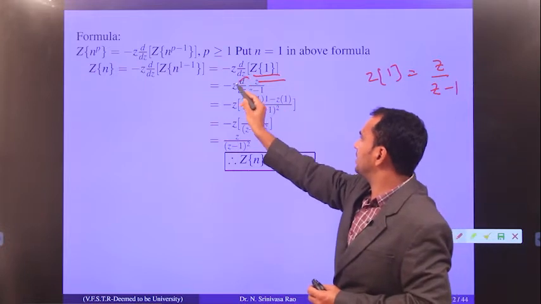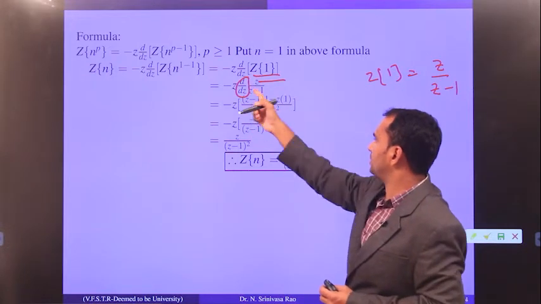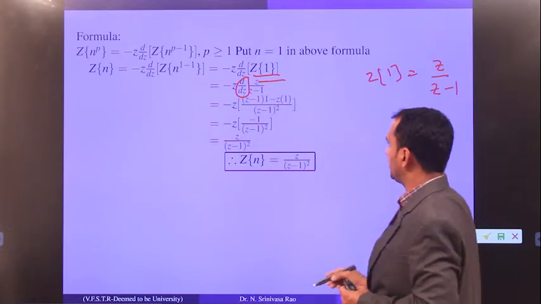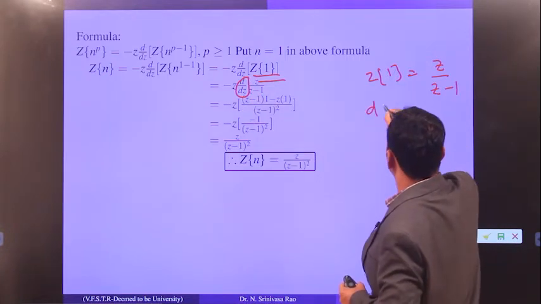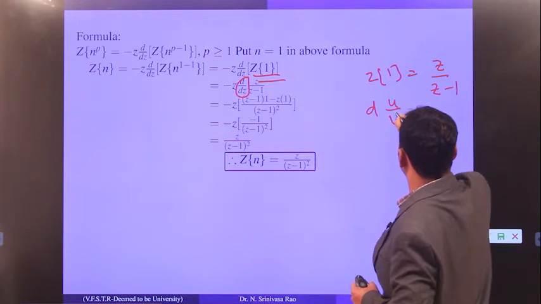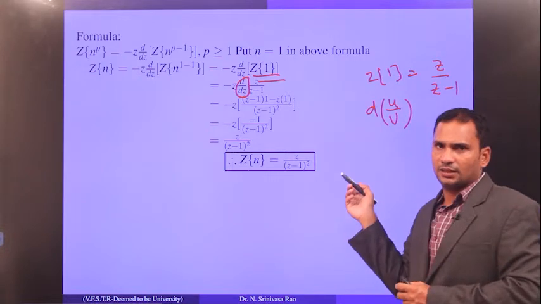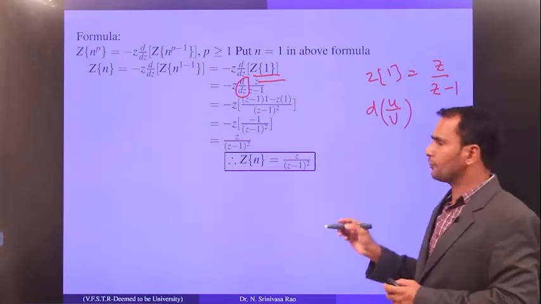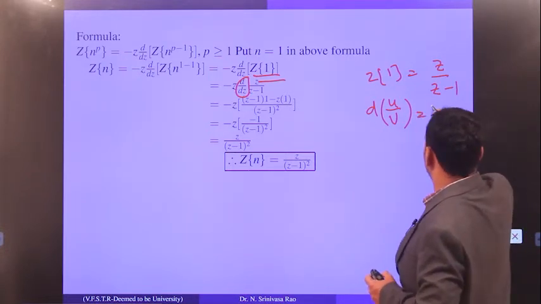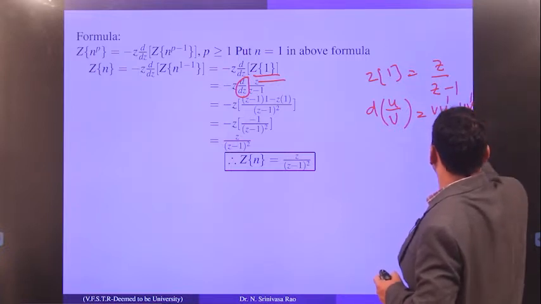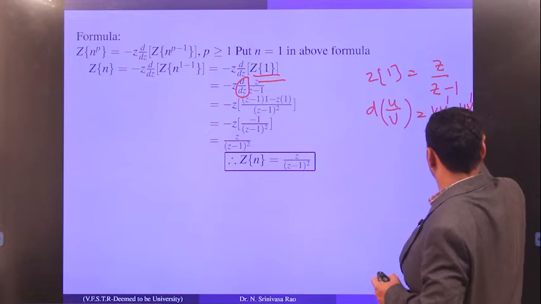So what is this d by dz? You have to differentiate z by z minus 1 with respect to z. So I will write the formula for the derivative of u by v. Everybody is familiar with this formula. The derivative of u by v is v u dash minus u v dash by v square.